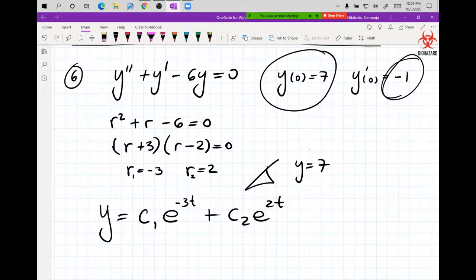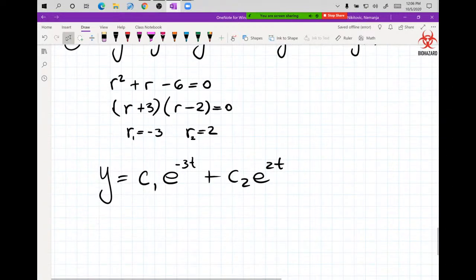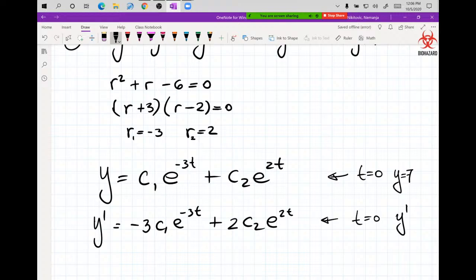So you can't plug the second one until you find the derivative of this solution. So that's -3C1 e to the -3t plus 2C2 e to the 2t. So this equation is getting t is 0, y is 7, and this equation is getting t is 0, y prime is equal to -1.